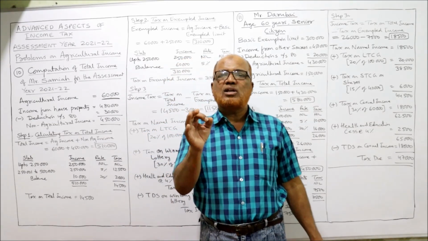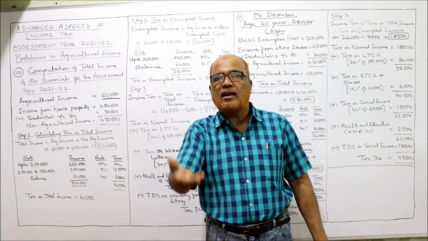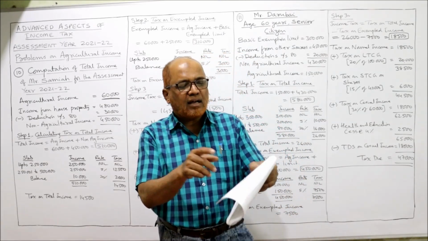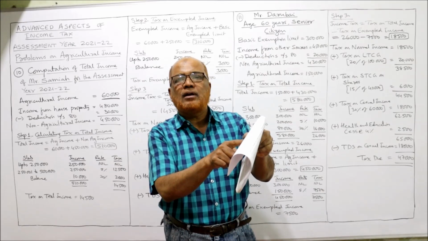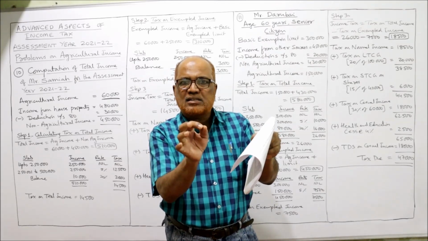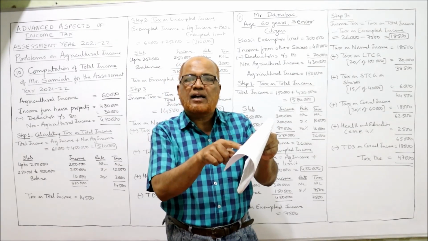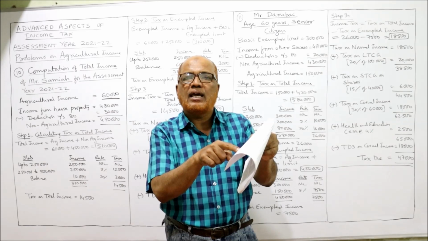Now, deduction under section 80 will be deducted from other incomes, other non-agricultural income. Here non-agricultural income is income from house property, 4,80,000. From this income only we can deduct deductions under section 80.